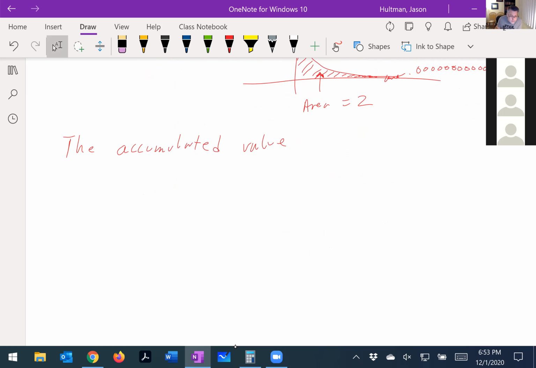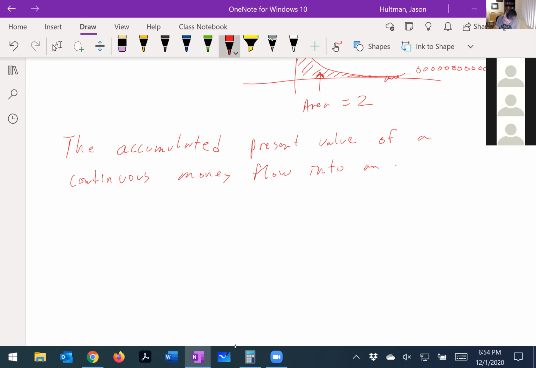The accumulated present value of a continuous money flow into an account at the constant rate of P dollars per year.